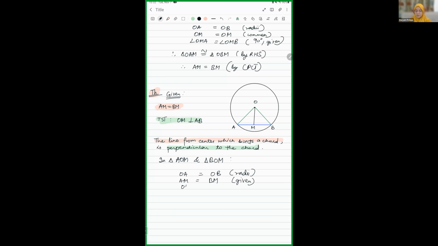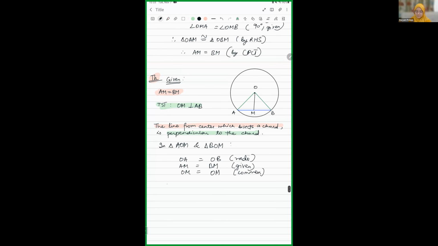OM is equal to OM, common. Now which rule have we used here? Yes, good, SSS. So therefore angle OMA is equal to angle OMB by CPCT, but we are not done yet.